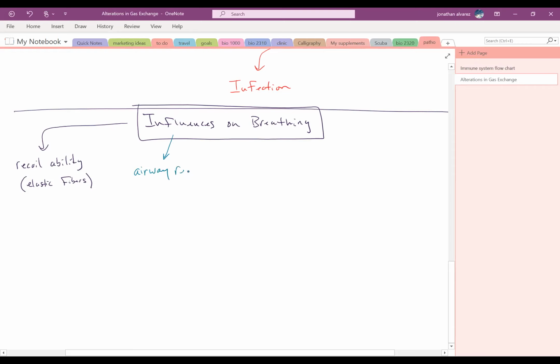Airway resistance. Okay, so the tubes, so the trachea, I'm going to exaggerate this, can taper into a smaller diameter. Okay, as you can see here.